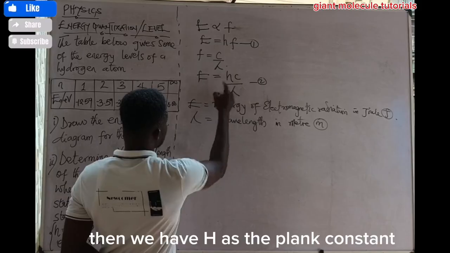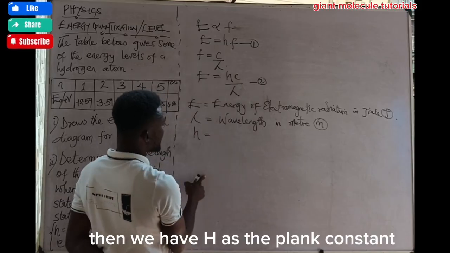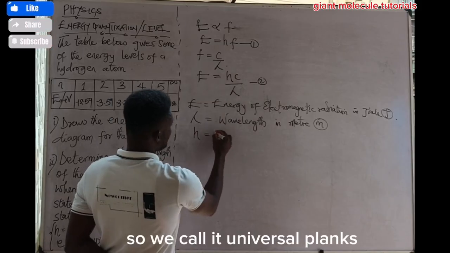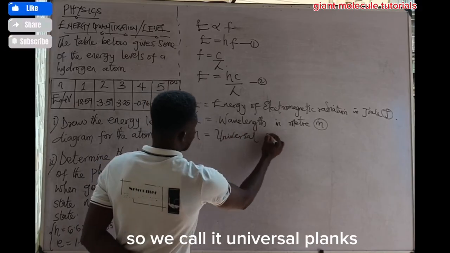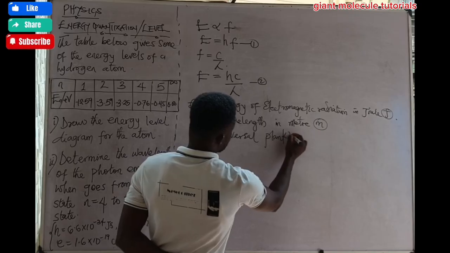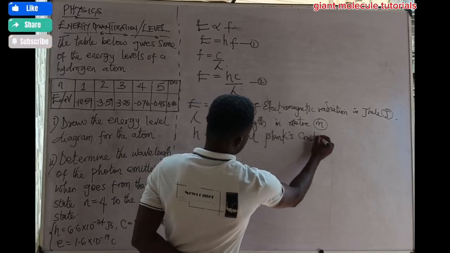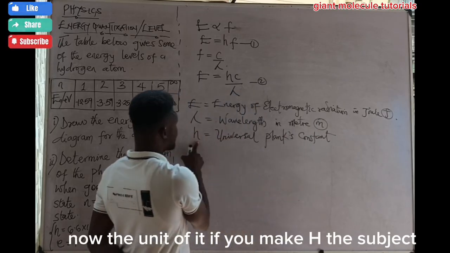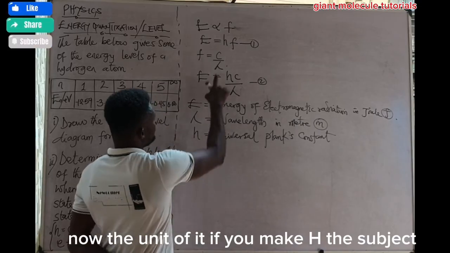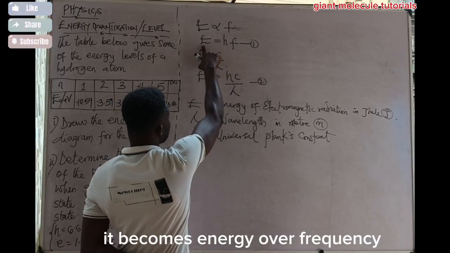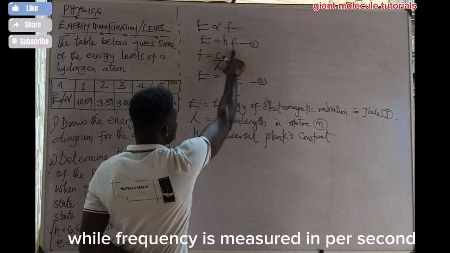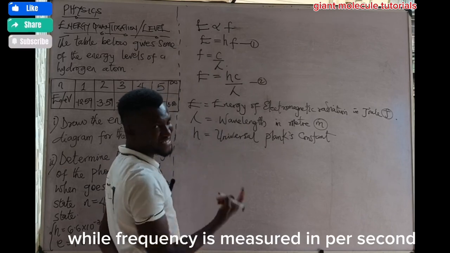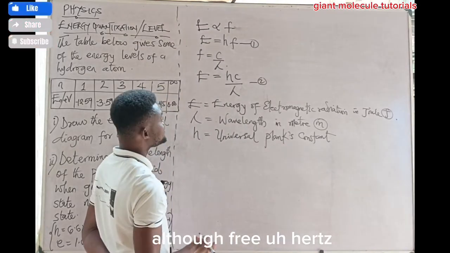Then we have h as the Planck constant. We call it the universal Planck's constant. Now, the unit of it, if you make h the subject, becomes energy over frequency. Energy is measured in joules, while frequency is measured in per second, although hertz.